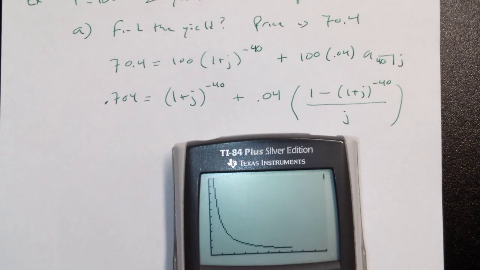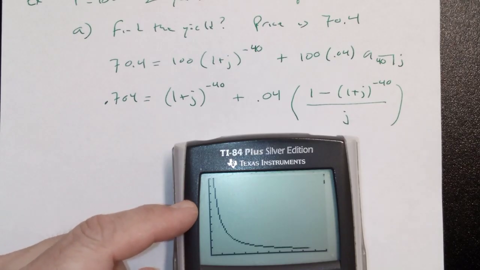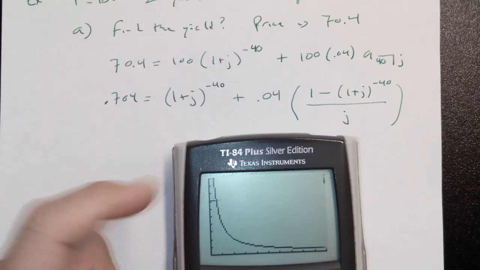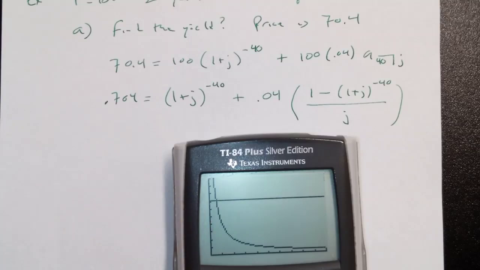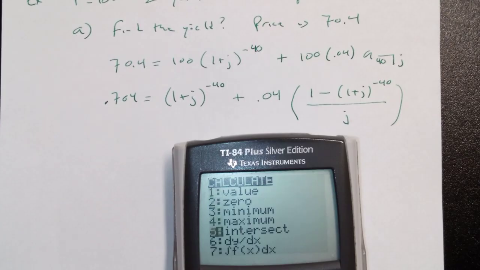0.704 is up here. Where do they cross? Second, calculate intersection.